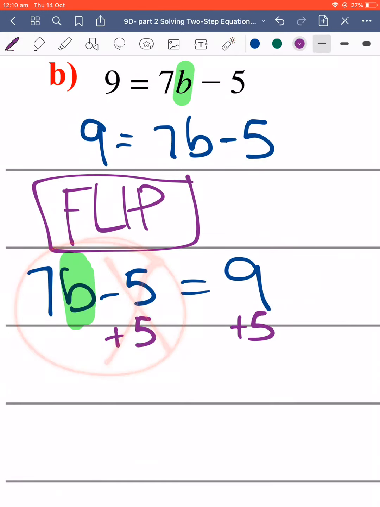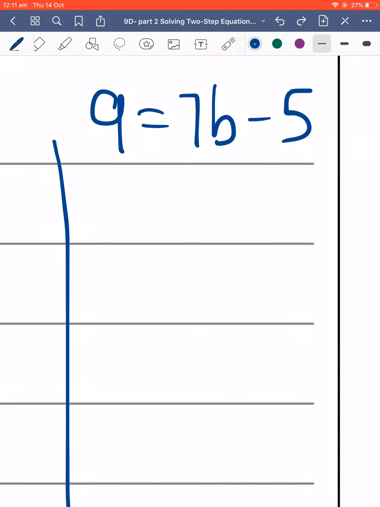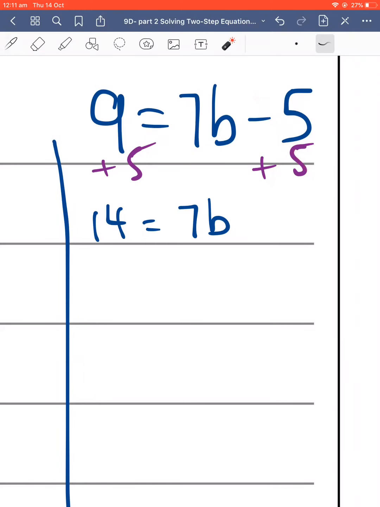Alternatively, we can flip it at the end. So I'm going to use the same equation. So I have 9 equals 7b minus 5. So again, same as you did before. First thing I'm going to do is I'm going to add 5 to both sides. And again, I end up with 14 equals 7b, because remember those cancel each other out.